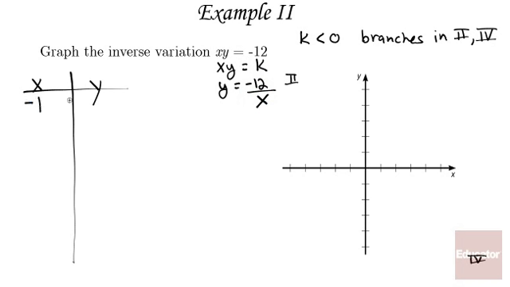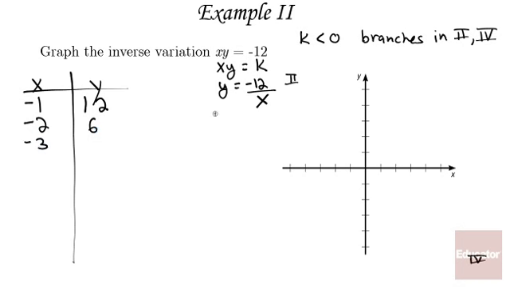Therefore, when x is negative 1, y is 12. When x is negative 2, y is 6. And you can always check this, seeing that negative 2 times 6 is negative 12, which is what the inverse variation is stating.